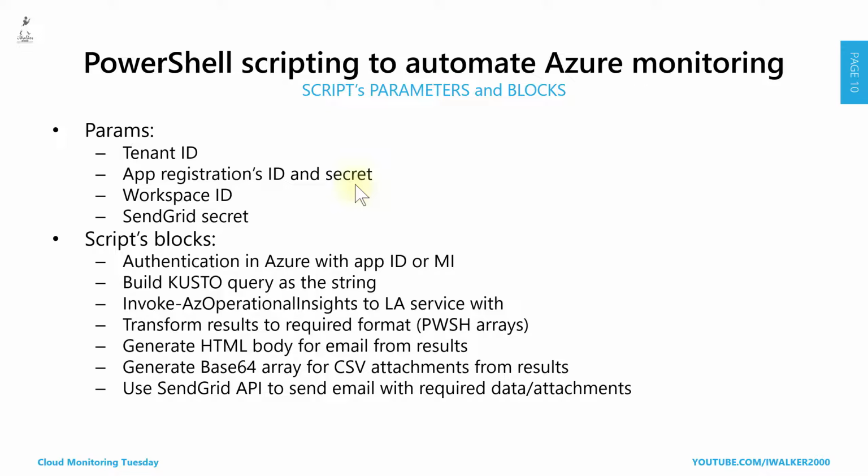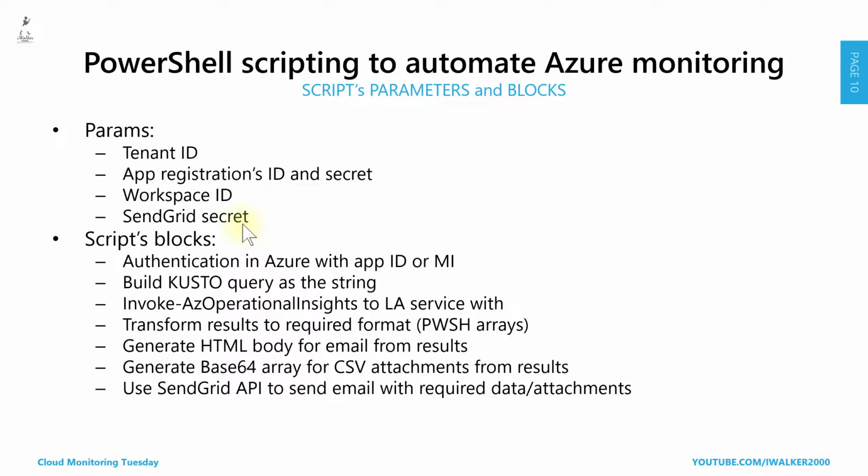You need the workspace ID, because to have access to the Log Analytics you need to call by the workspace ID, and plus you need the SendGrid secret, the API key in SendGrid.